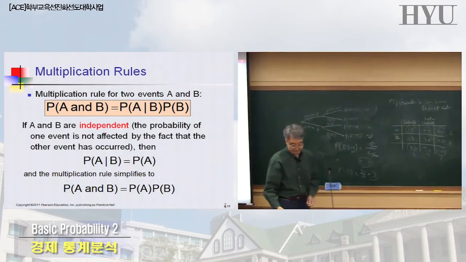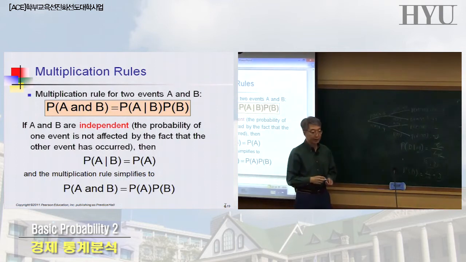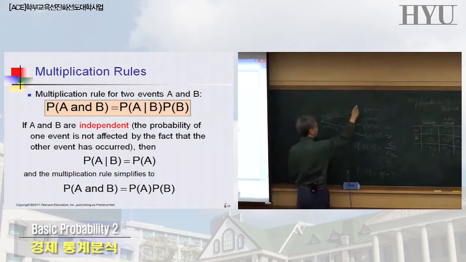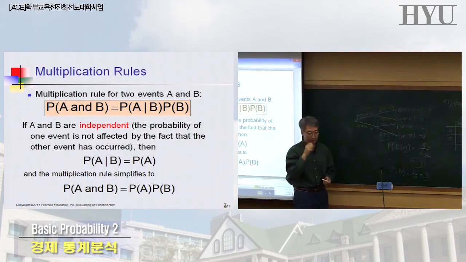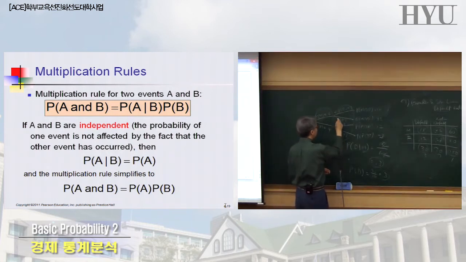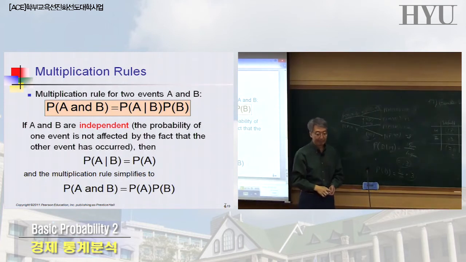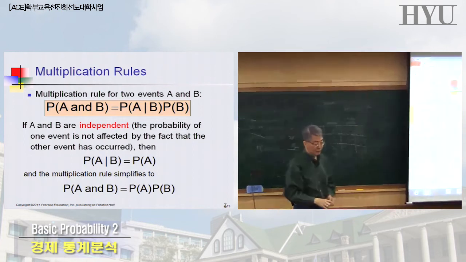The point I'm trying to make here is this: in a decision tree, we have one event and a second event. If the two events are independent, then we can simply multiply this probability times this probability to give us the joint probability.